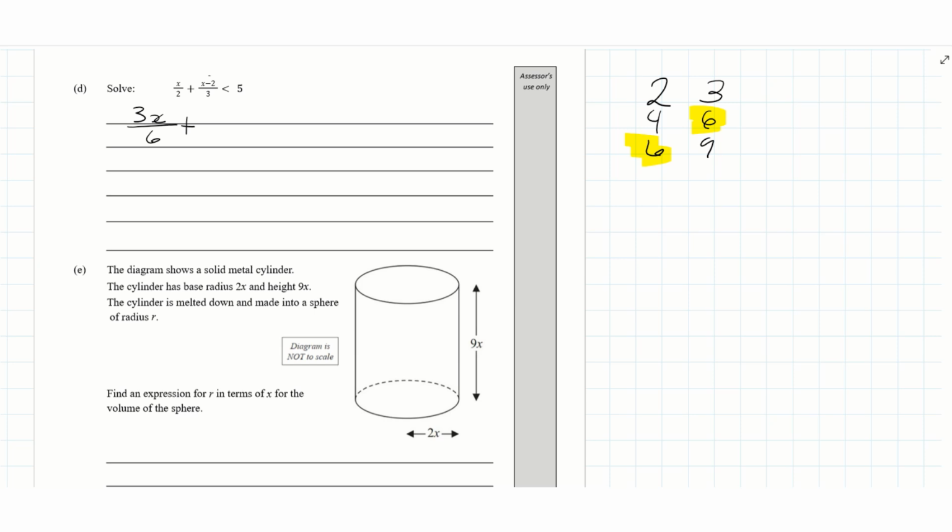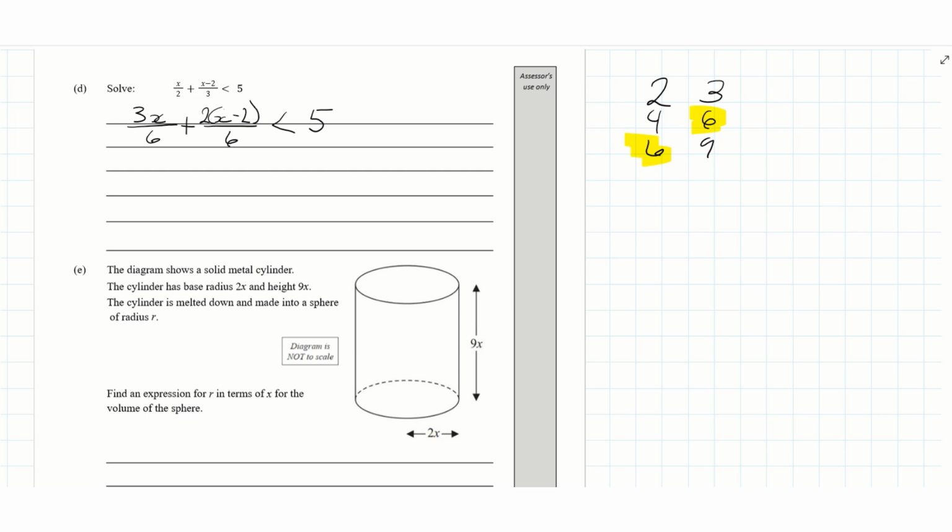Plus, I'm multiplying everything here by 2 on the top and the bottom. So I've got 2x minus 2 over 2 times 3. Well, I know 2 times 3 is 6, so I'm going to change that. And then I can expand the brackets here in a second, so I can multiply 2 times x and minus 2. But we'll do that in a second. And then we're going to keep the 5 the same because we haven't done anything to the 5 yet.